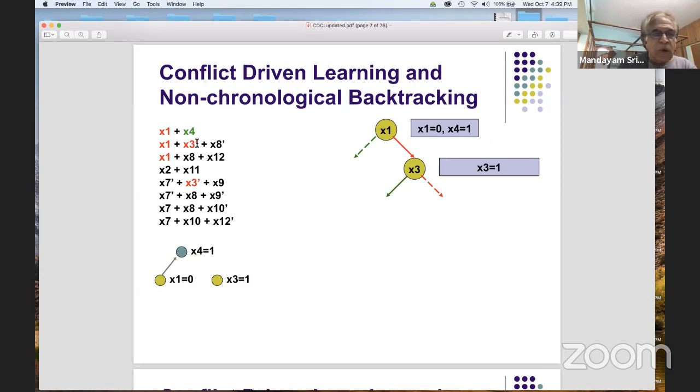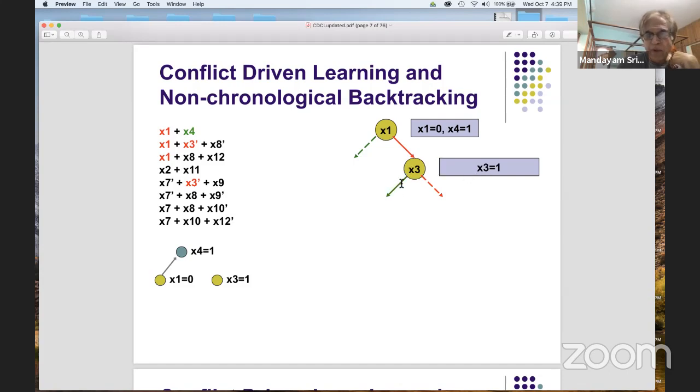So now, after that, this clause is gone. You still have the remaining unresolved clauses, so you now have to make a decision. Say I make a decision x3 is equal to 1.